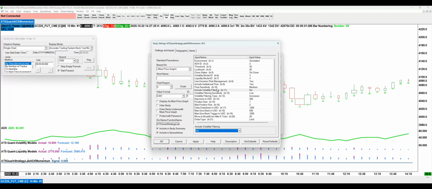But definitely, I believe if we include volatility filtering for the S&P, that probably would improve our results even there. So this is the process that you're able to go through in a no-code environment, leveraging professionally developed quantitative and machine learning models to fast track your automated trading.